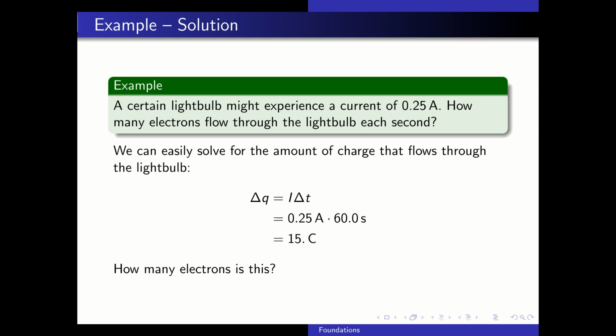For each second, we would multiply that 1/4 of an amp by 1 second to give 1/4 of a coulomb. Clearly, I thought I was solving a different problem. In 1 minute, in 60 seconds, 15 coulombs of charge will flow.